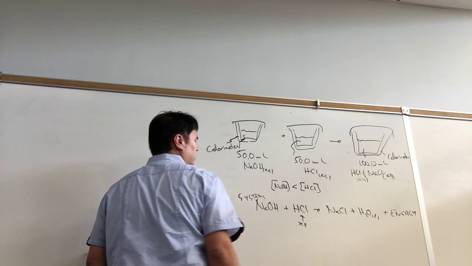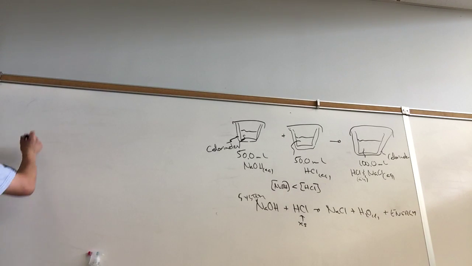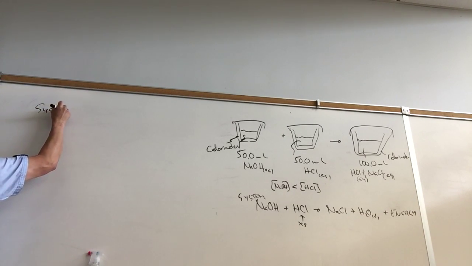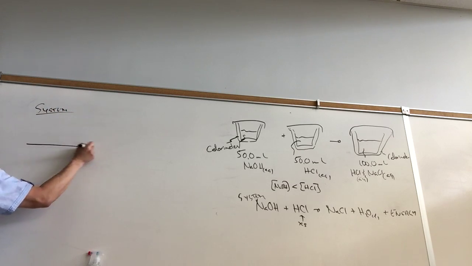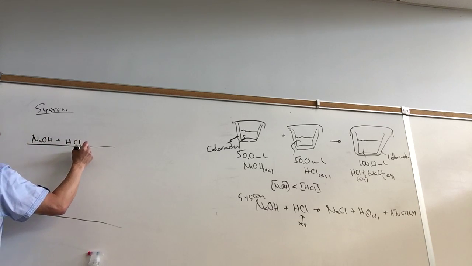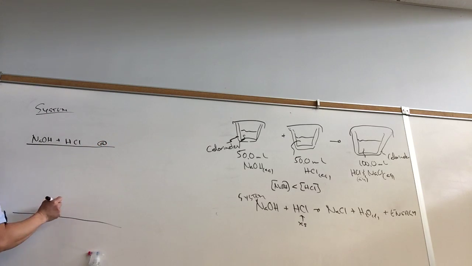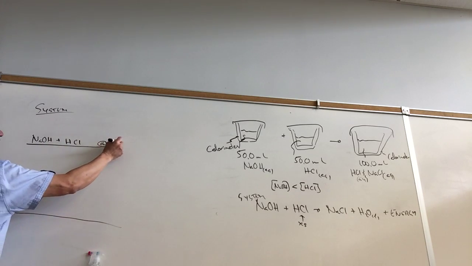And the energy that's going to be released is going to be released as heat, which will go into the surroundings. And so when we do the energy level diagram for a system, it's going to look a little different. We're going to have sodium hydroxide plus HCl up here. At what temperature does this start off?